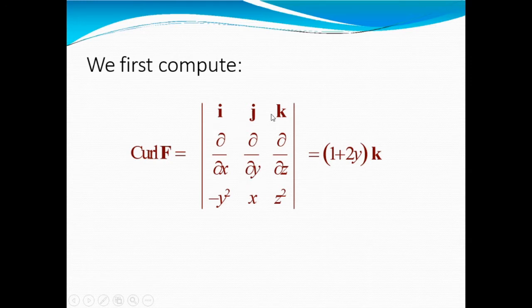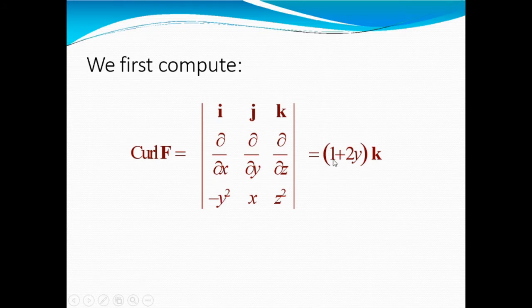But when we move on to the kth component, that is the third component, here the determinant is as follows: ∂x/∂x. So we have to take the partial derivative with respect to x. There is an x term in the numerator, hence ∂x/∂x becomes 1. Hence I have taken the value of 1 here. Next, minus of ∂/∂y of minus y².